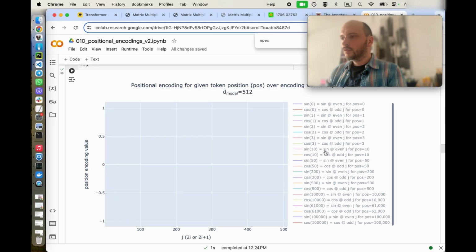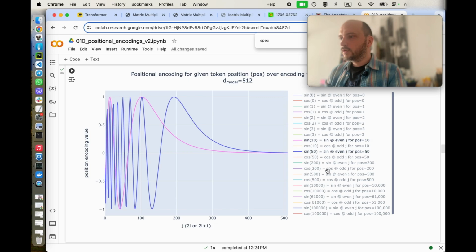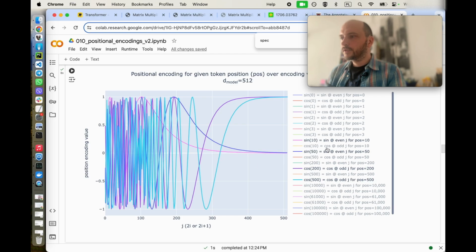And if you go further in the position, you see cosine for position 10 has this pink frequency, and sine for position 50 has more oscillations at the beginning. And again, low frequency here. The deeper we go, the more frequency we see in the beginning, even more here, right?